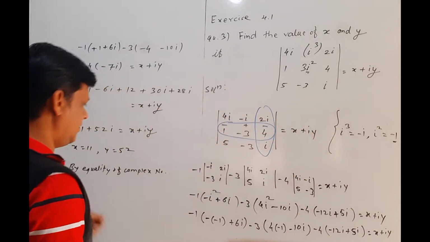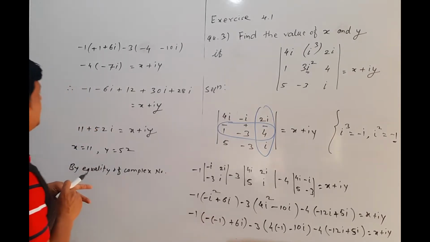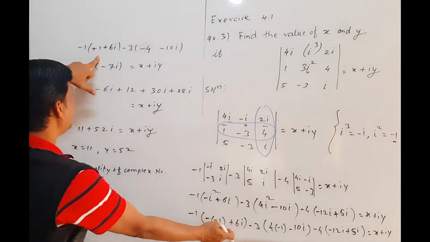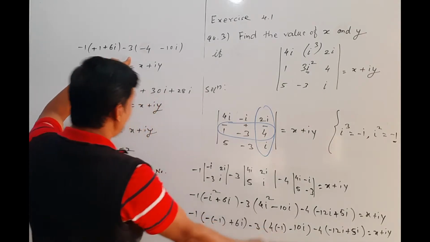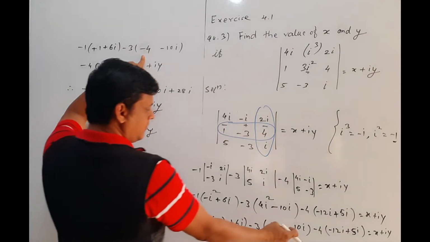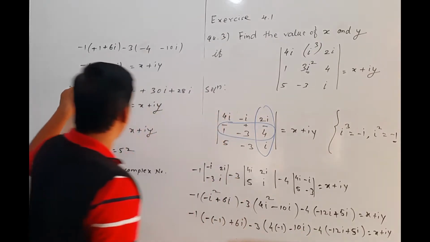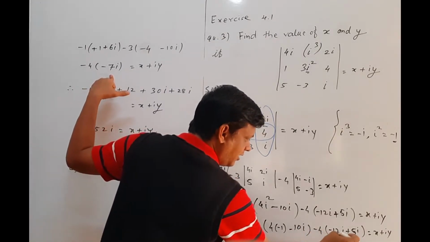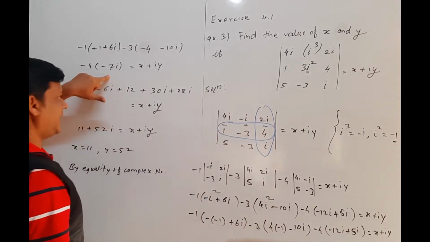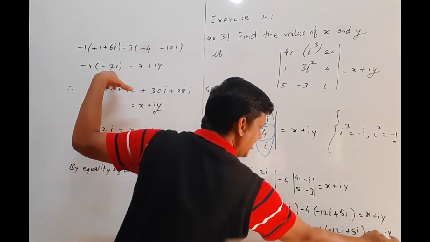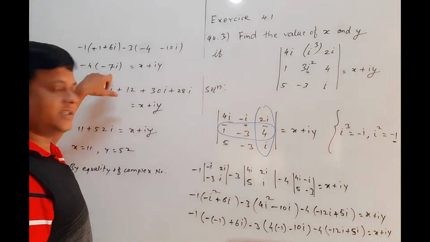Now we write this minus minus as plus 1, 6i as it is, then 4 into minus 1 we write minus 4, minus 10i as it is, then minus 4 into minus 12i plus 5i which is minus 7i, and the RHS x plus iy as it is.